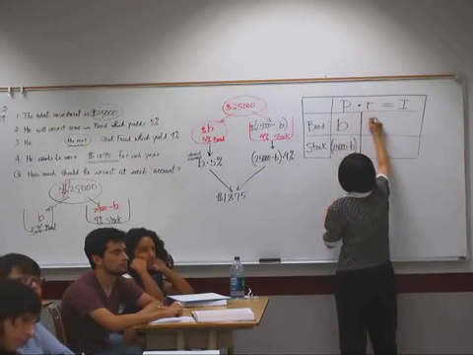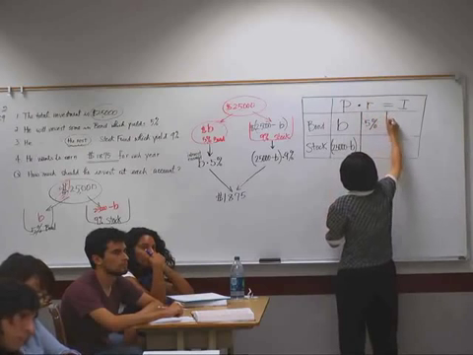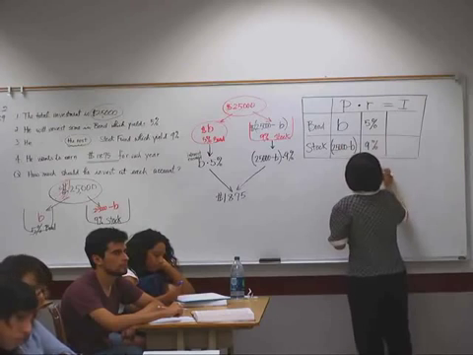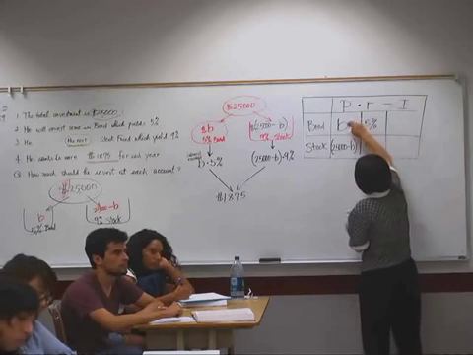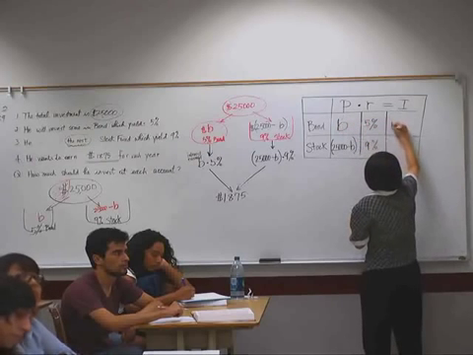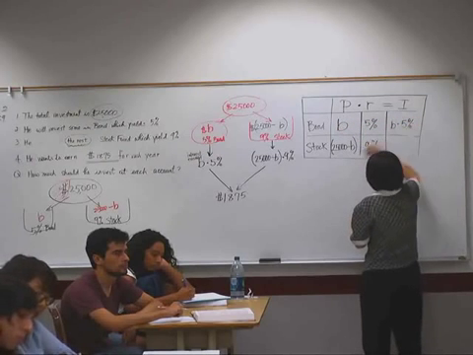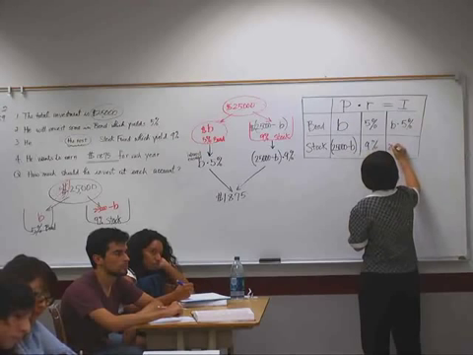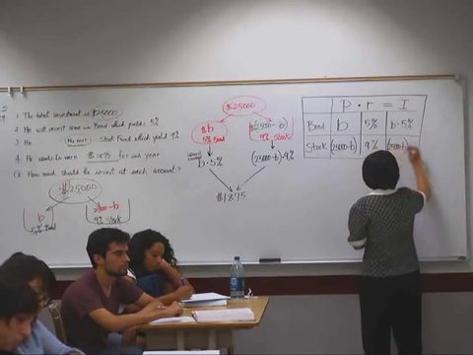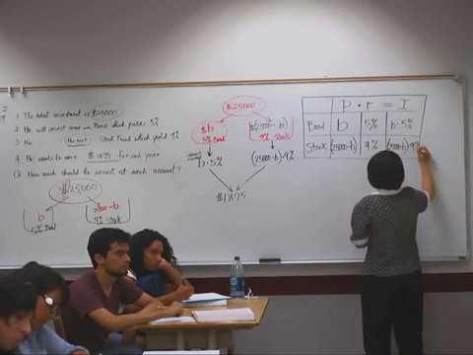The rate for the bond fund is 5%. The rate for the stock fund is 9%. So how much is the interest that you earn from this investment? It's B times 5%. And for the stock fund, it will be 25,000 minus B, that much money, times 9%. Is that right?